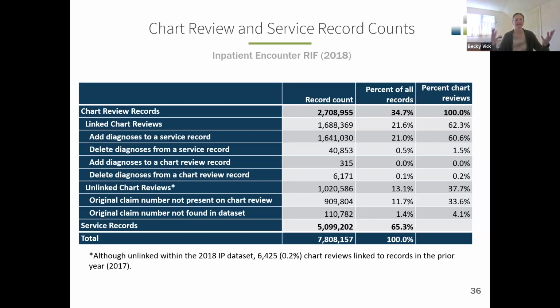It gives you a sense of what you might expect to see as far as chart reviews go in an inpatient file. It's also possible that a chart review might be linking to a service record in a different year's RIF. So they have a footnote on the bottom. So that's another possibility.